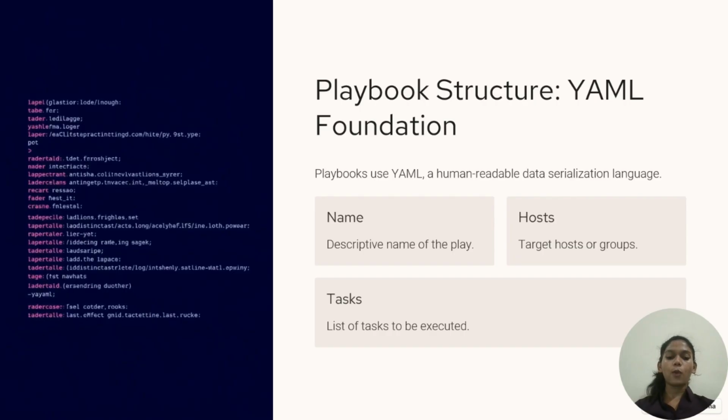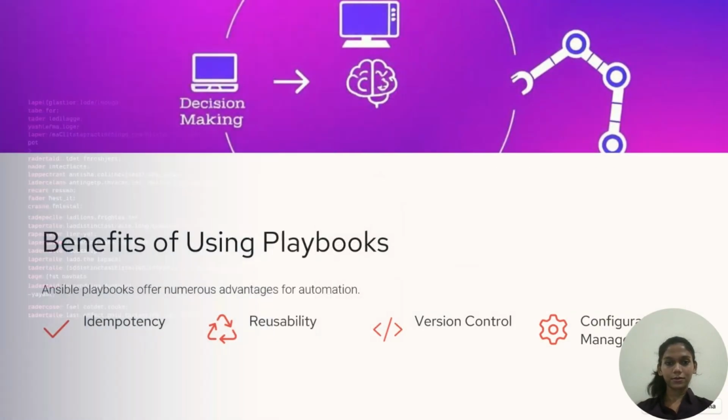Now, let's see why Ansible playbooks are so powerful. Here are some key reasons why they are a game changer in IT automation. First is idempotency. Run your playbook multiple times and Ansible ensures the system reaches the desired state without unnecessary changes.